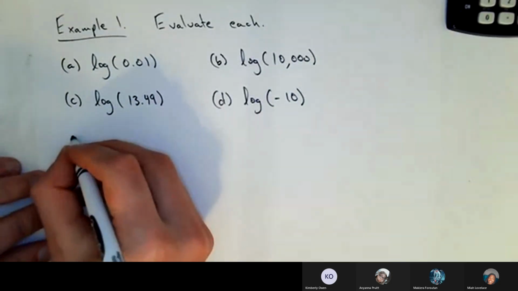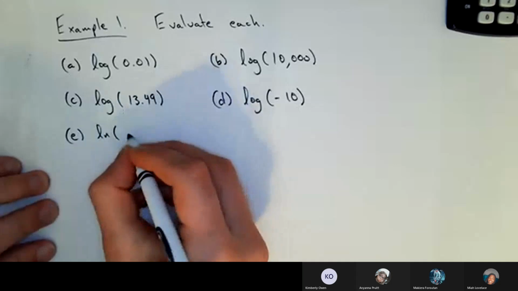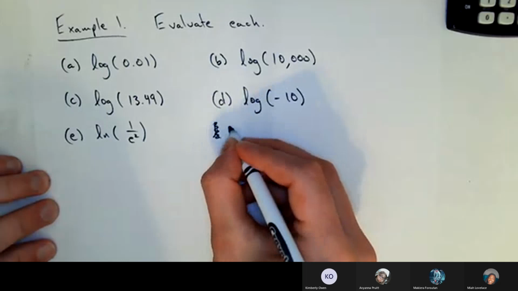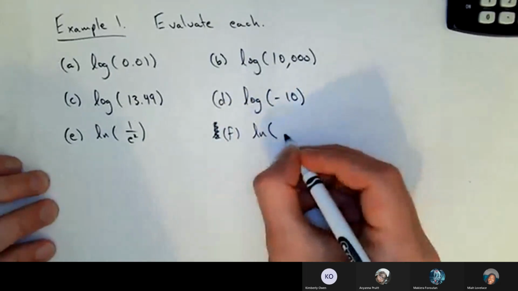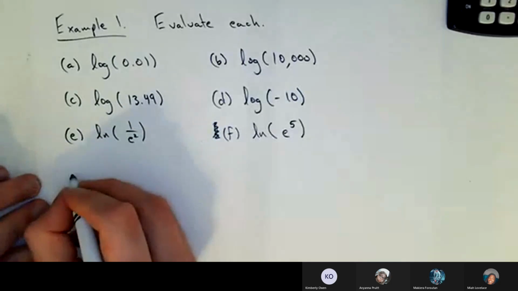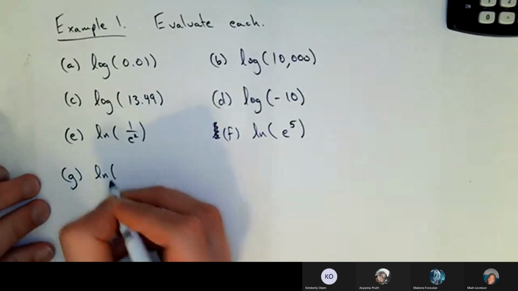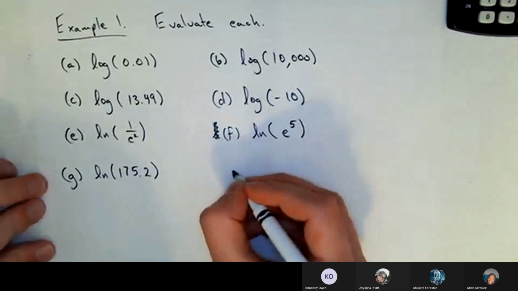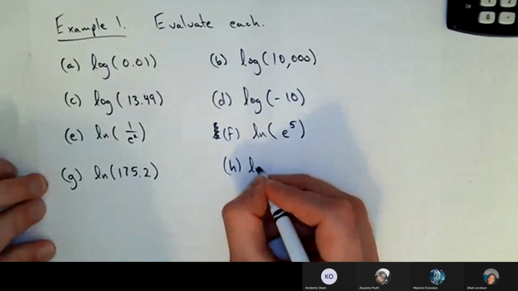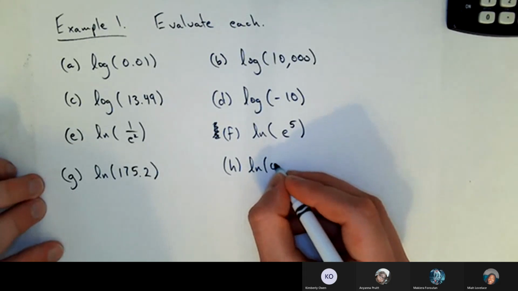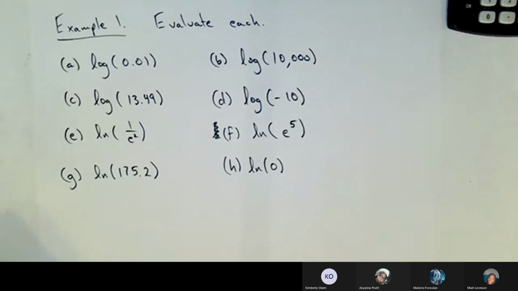All right, and then some ln ones. ln of 1 over e squared. F, ln of e raised to the 5th. ln of 175.2 and ln of 0. That's a lot. Okay.